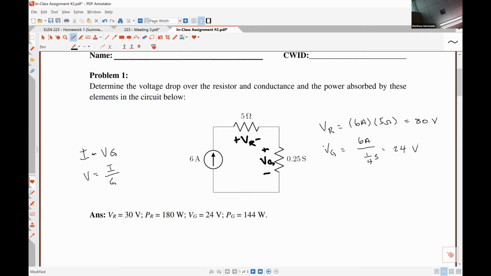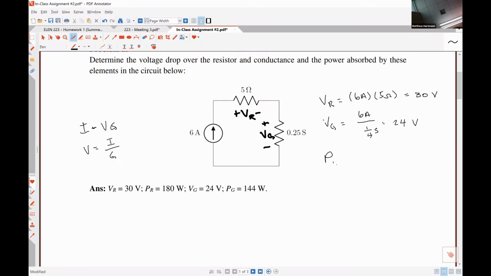For our power, we know both the voltages, so we can just multiply both of those voltages by 6 to get the power. The power absorbed by the resistor is just going to be 6 amps times 30 volts, which is 180 watts.